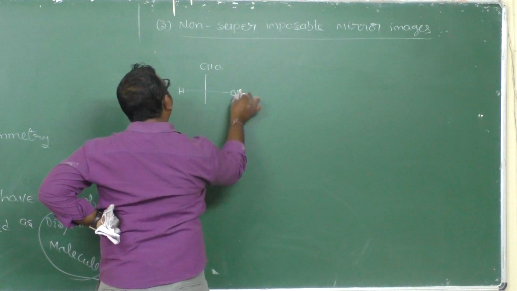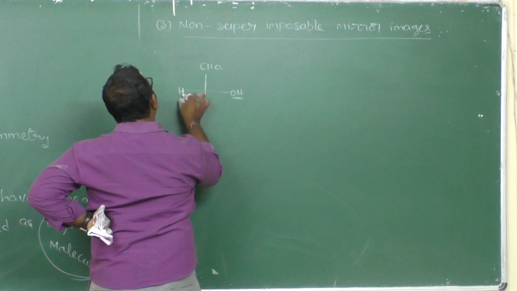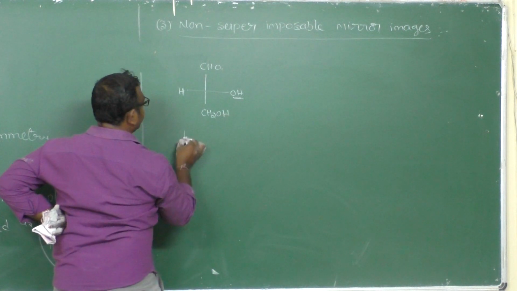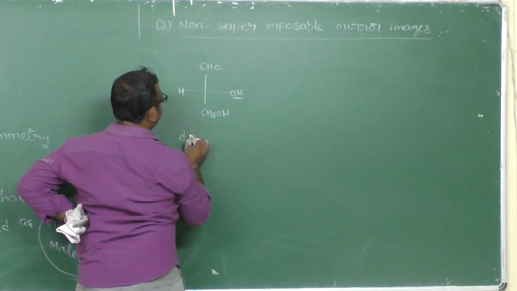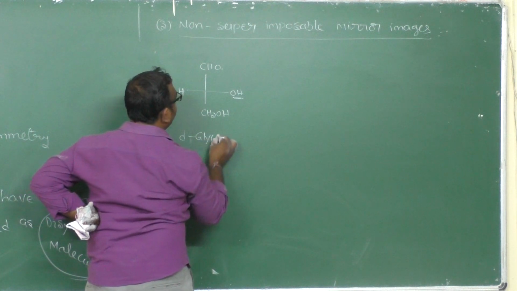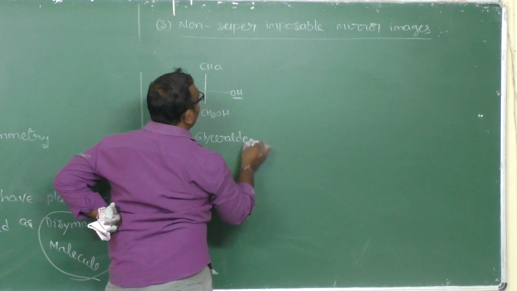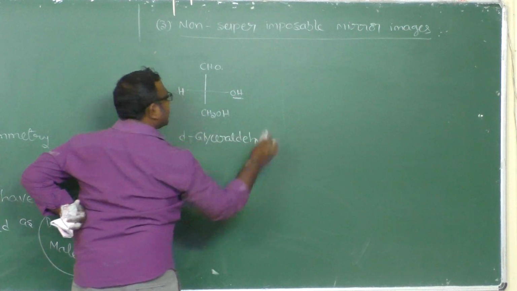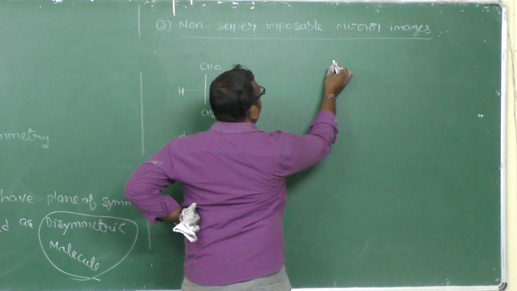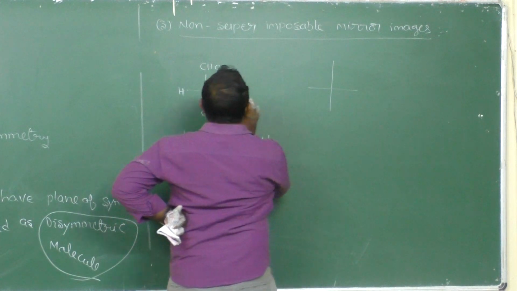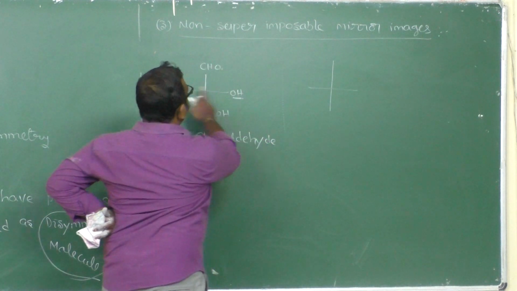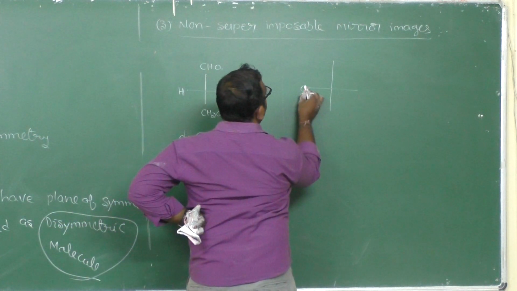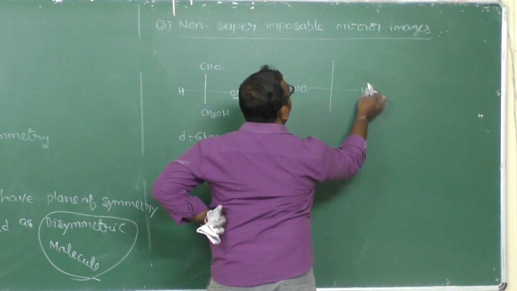So OH is present on the right side and H is present on the left side. Take a mirror image. Right will appear on the left, left will appear on the right. So OH on the left side and H on the right side.